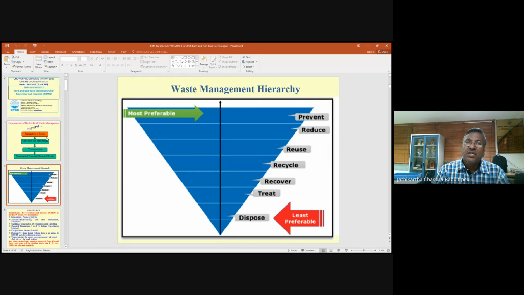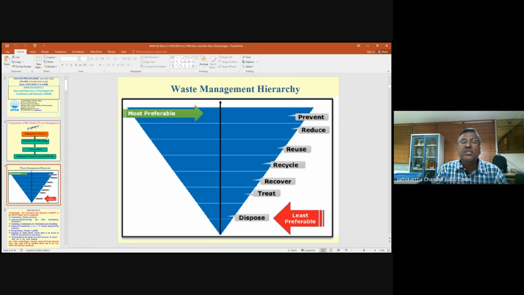Even after adopting these four R's, if any waste remains which cannot be reduced, reused or recycled, then such waste has to be treated and disposed of in order to minimize the effect on the environment and the public. Therefore, the most preferred option in the waste management hierarchy is the prevention of waste generation, and the least preferred option is the disposal.